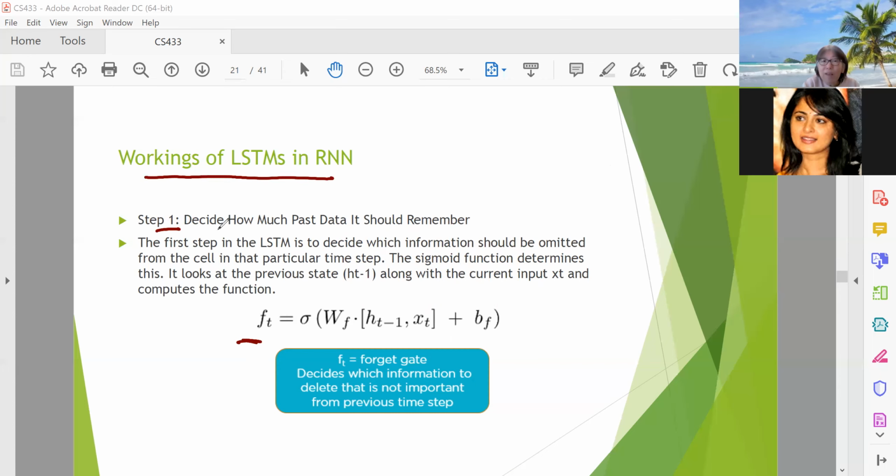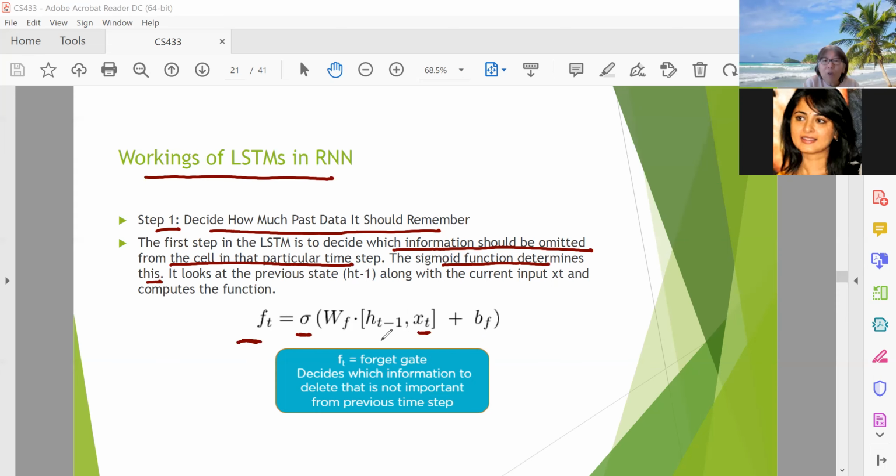Step one decides how much past data should be remembered. Then it determines which information should be forgotten, should be omitted from the cell at that particular time step. A sigmoid function determines this. So here is a sigmoid activation.